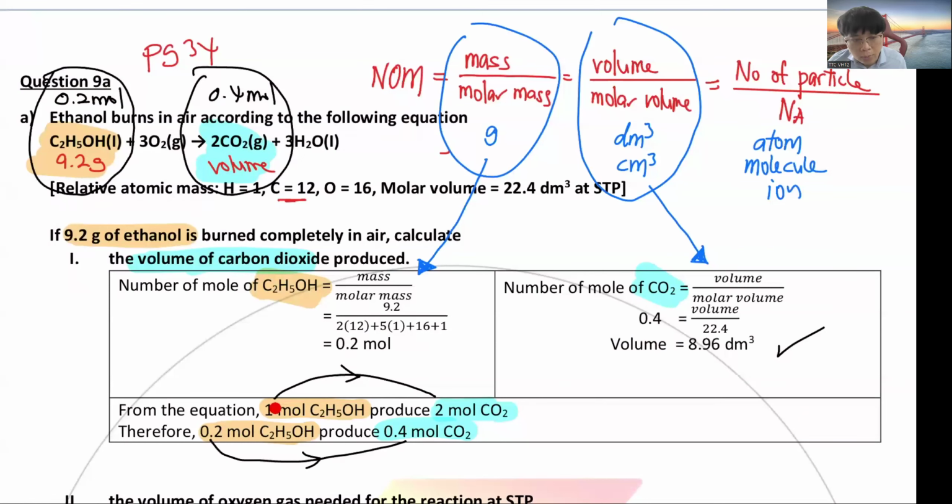So 1 mole produces 2 CO2. So I got 0.2, I times 2, I get 0.4. This one refers to the equation. 1 to 2. So 0.2 mole will get 0.4 mole. Double up the number.